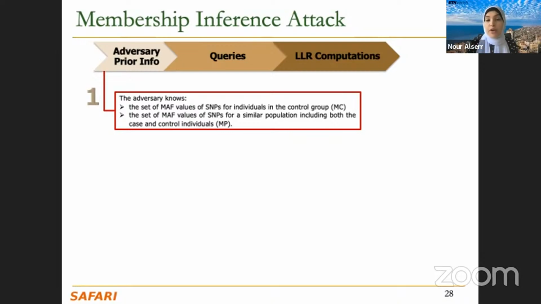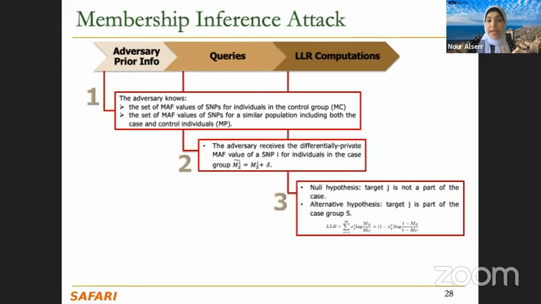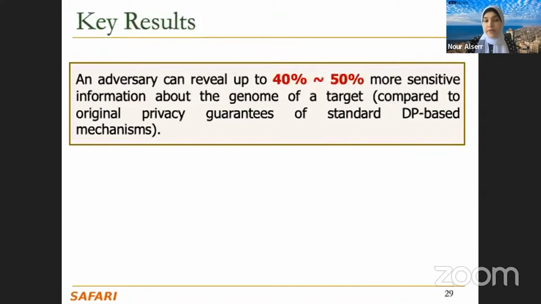Because he knows the controls, he can apply the log likelihood ratio, and from that test he could know whether the target is part of the cases or not. He has two hypotheses: he is not in the case group, or he is. So based on the results after sending many queries, he could infer the membership of that target inside the dataset.